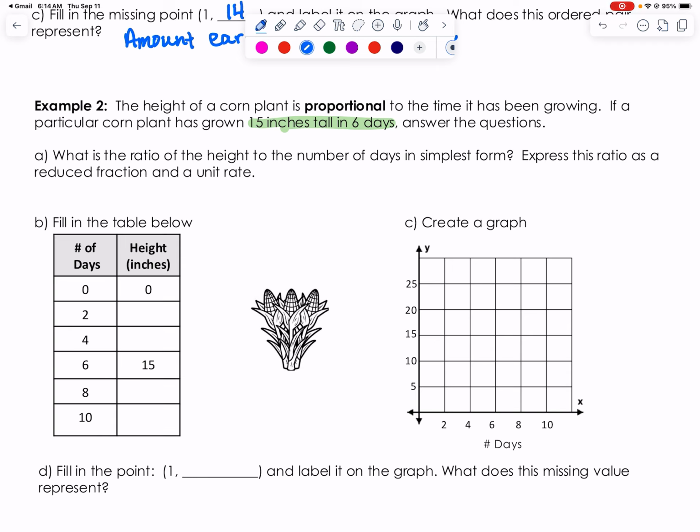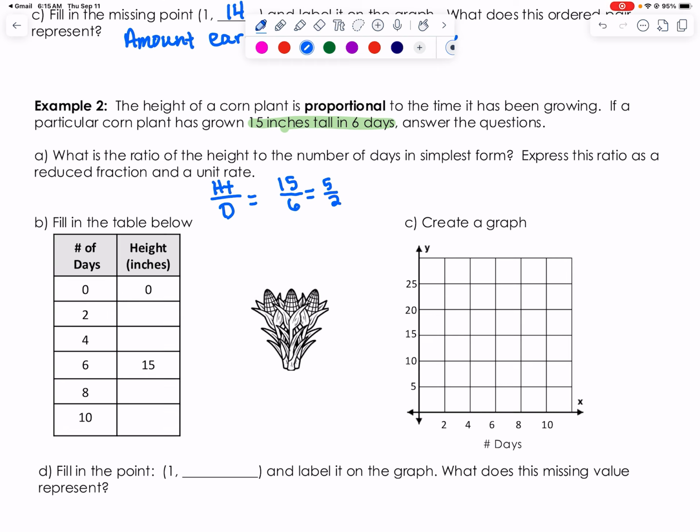So this time they want your ratio to compare height to number of days. We know that the corn had a height of 15 inches in 6 days. They asked us to express this in simplest form, so I'll divide both of those by 3, and that would give me 5 over 2.